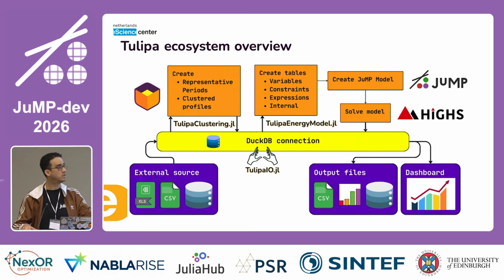In the case of Tulipa energy model in particular, we create a bunch of tables from the DuckDB connection, we store all those tables, and then we go to Julia, or specifically to JuMP, and we solve everything with HiGHS, at least the open part of it.